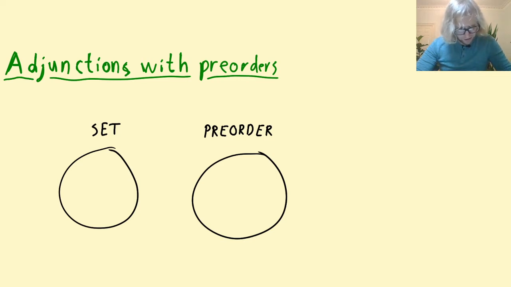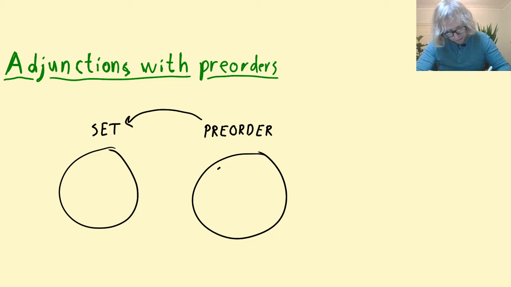So the way we usually do this is you have some functor which is kind of obvious, and then you're asking, wouldn't it be interesting if this had an adjoint? So here I think I can think of one obvious functor, which goes from preorders to sets.